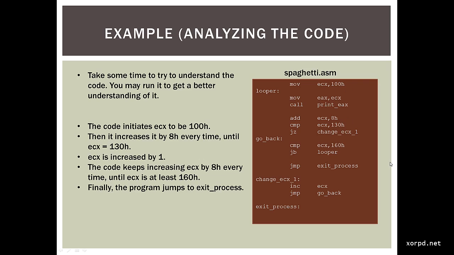Then what happens? We can see that there is some kind of loop here, because we can see this jump backwards, jump below looper, which jumps to this level. So we can at least see some kind of light here. We can see this loop.